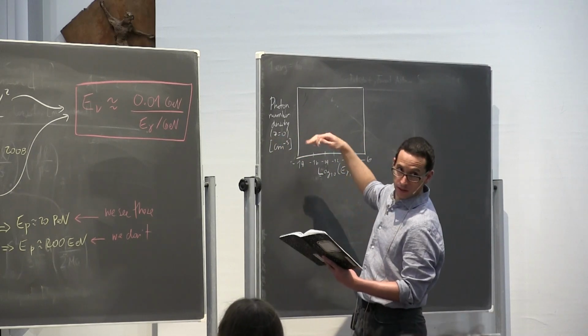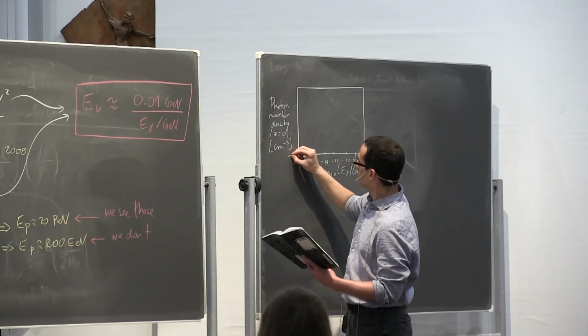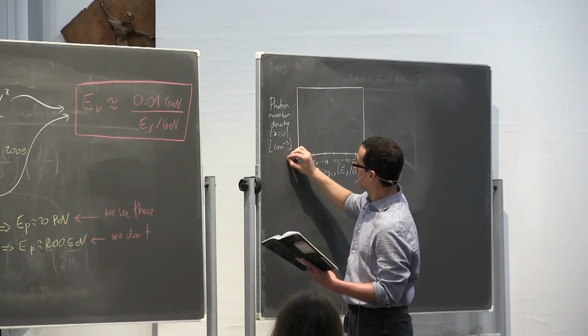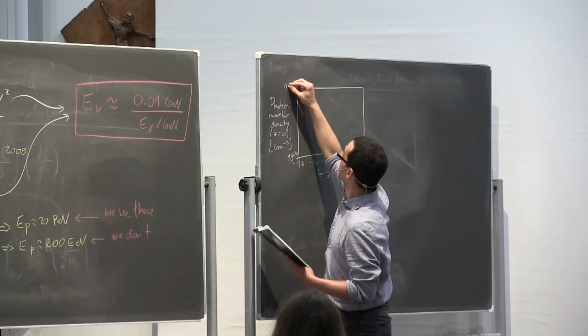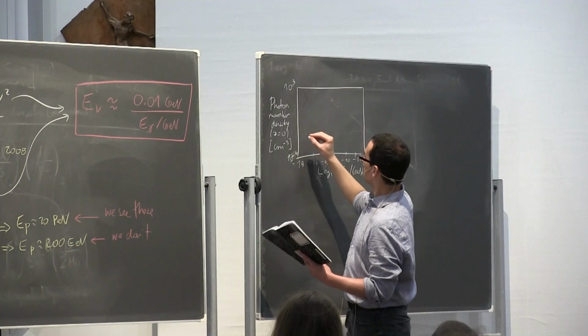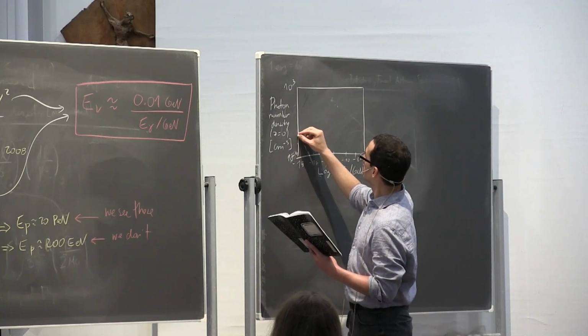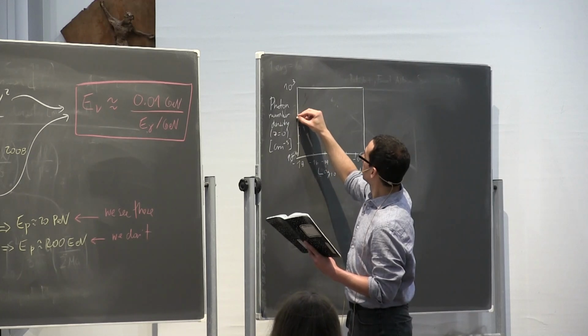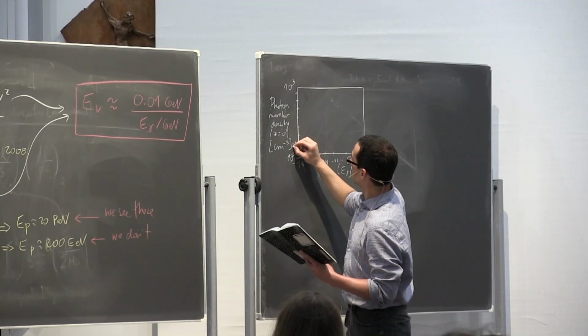Now, these numbers are larger if we move to higher redshifts. So this is 10 to the minus 6. This is 1,000. Let's see. Minus 4, minus 3, minus 2, minus 1, 0, 1, 2. Okay. I'm just going to write a few.